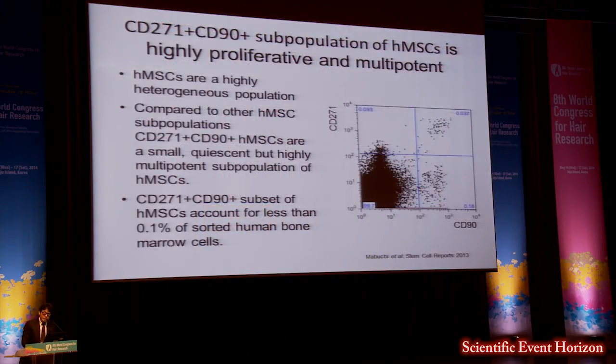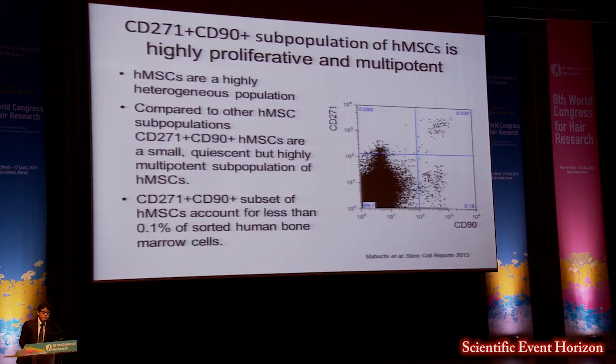The problem with mesenchymal stem cells is that they are a highly heterogeneous cell population. They are defined by function, so that's sometimes called a problem. So we'd like to focus on a really pure and highly multipotent mesenchymal stem cell population. Recently, our colleagues reported that the subpopulation of CD271 positive, CD90 positive human mesenchymal stem cells are small, quiescent, but highly multipotent.